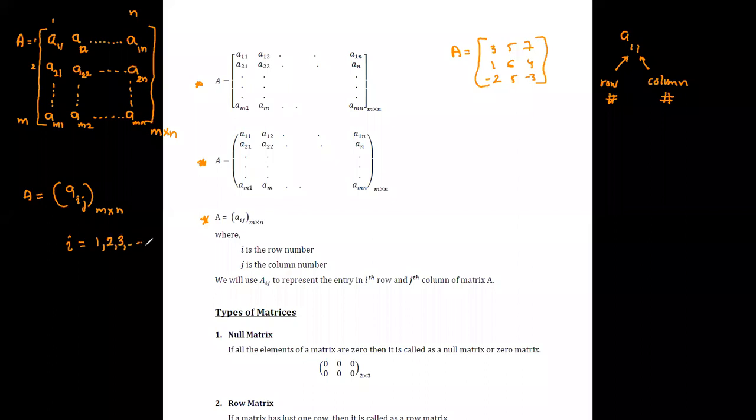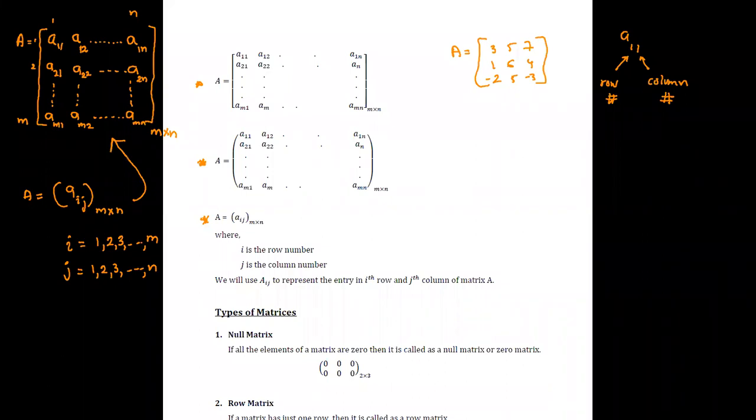Therefore, the possible values of i start from 1 and end at m, and the possible values of j are 1, 2, 3, likewise up to n. Therefore, if you substitute the values, you can again obtain this matrix.